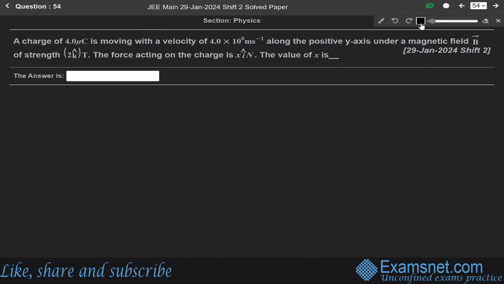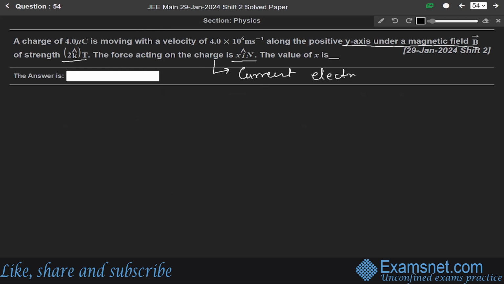Question 54. A charge of 4 microcoulomb is moving with a velocity of 4 into 10 to the power 6 meter per second along the positive y direction under a magnetic field B of strength 2 k cap T. So the magnetic field is along the k direction. The force acting on the charge is x i cap, and we have to find the value of x. This question is from the chapter of current electricity.